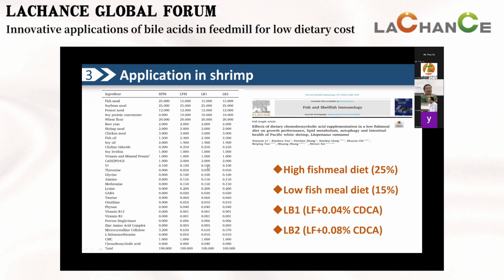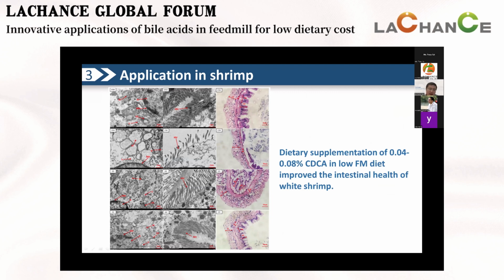In this experiment, we can see that it's very clear. Here is the intestine, and we can see that the intestine health was improved after we supplemented the bile acids in the diet. It's very clear here.